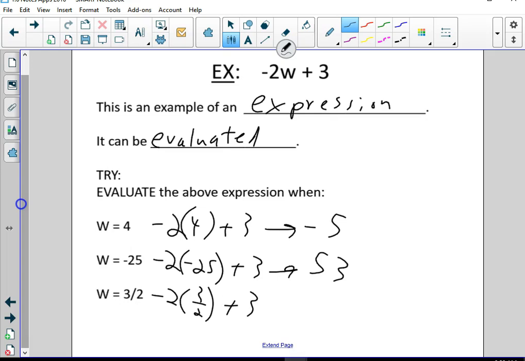This division starts with C, rhymes with cancels. Yeah, it cancels, good. So the 2's cancel. But I still got the negative, right? So the negative makes it negative 3. Negative 3 plus 3 is 0.